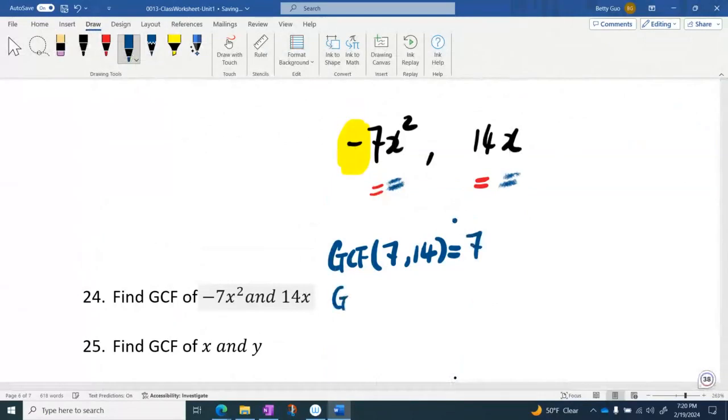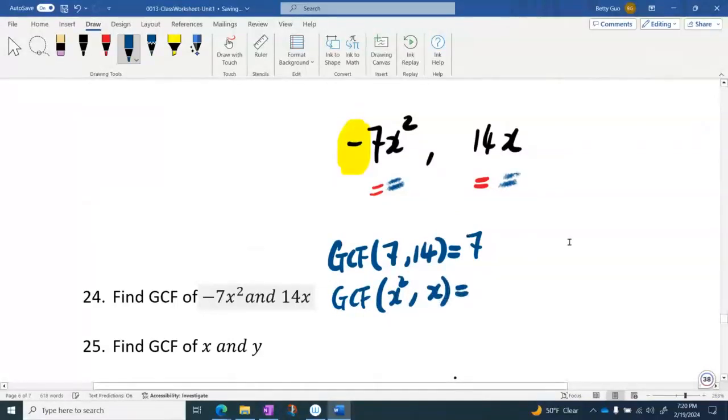And the GCF of the variable part, x squared and x? Would it be x? Exactly. Same as earlier, right? X squared is x times x. So first special case, x is a factor of x squared. X squared is a multiple of x. That makes x the GCF.